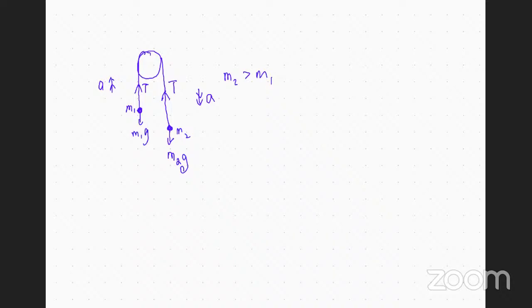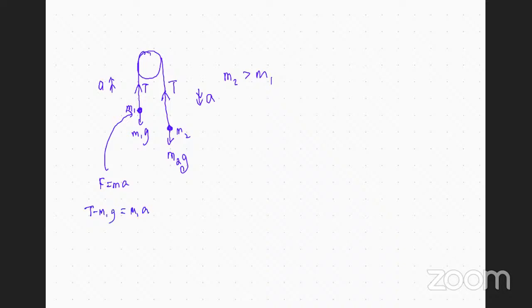For M1, by Newton's second law, the resultant force is equal to mass times acceleration. Since the acceleration is going up, the resultant force is up, so tension is positive: T minus M1g equals M1a. That's the equation with respect to M1.